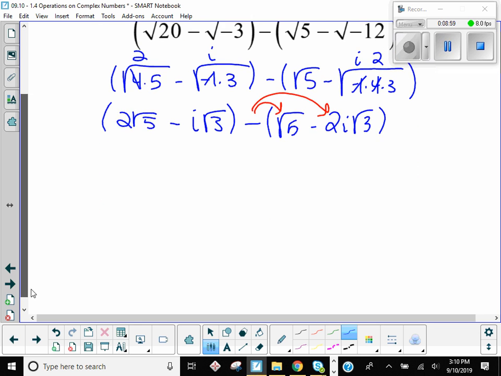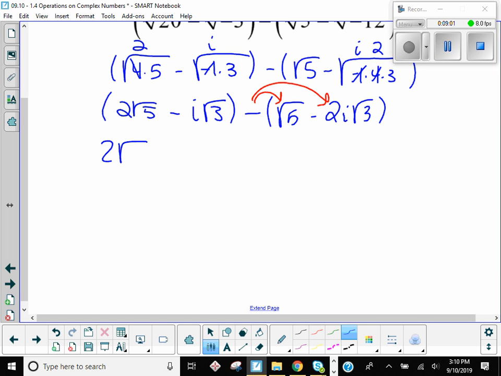So my next step looks like 2 rad 5 minus I rad 3 minus rad 5 plus, because this negative times this negative is positive, 2I radical 3. And I want to be sure everybody is here before I go on. Make sure your signs match, that the numbers under your radicals match.